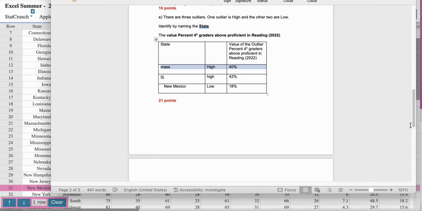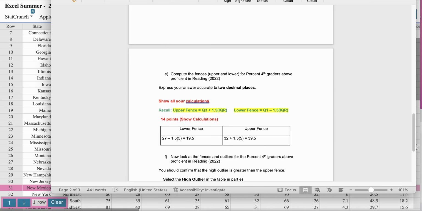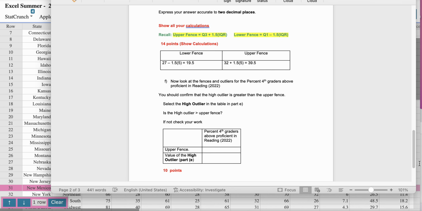We'll pick Massachusetts. The value of the outlier was 40%, and the upper fence was 39.5.